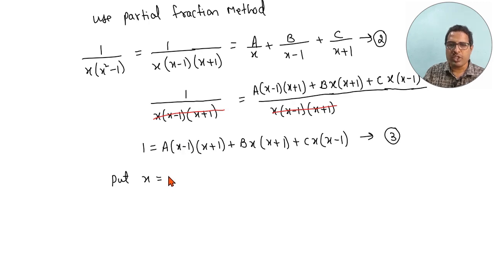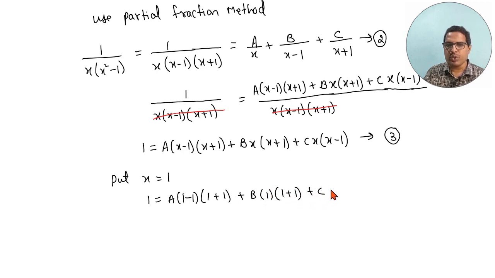So put x as 1 in this equation. You will get 1 is equal to a into (1 minus 1), which becomes 0, into (1 plus 1), plus b into 1 into (1 plus 1), plus c into 1 into (1 minus 1).